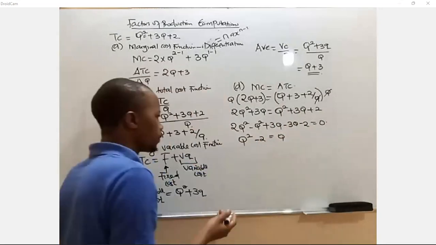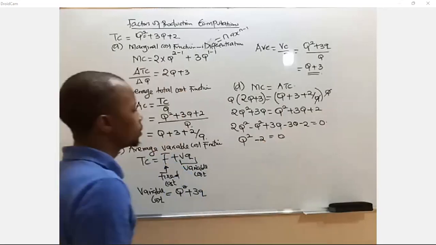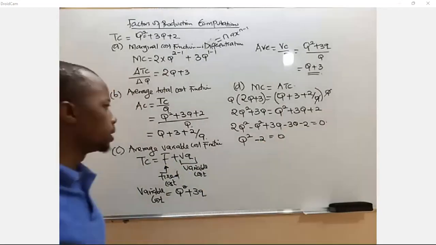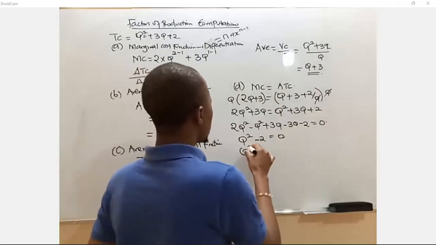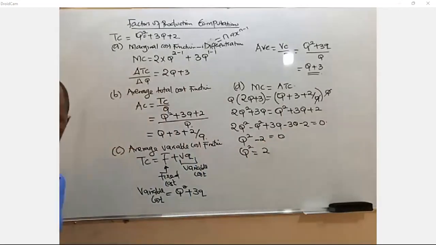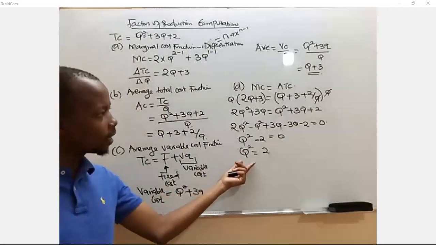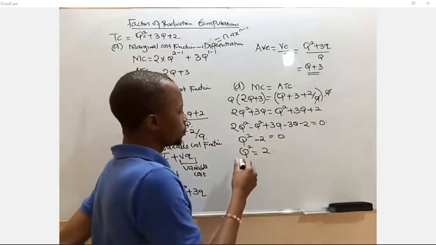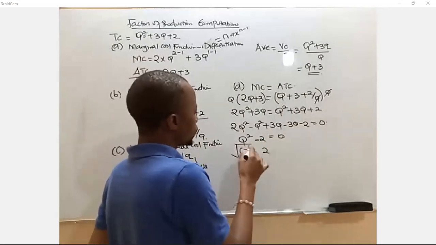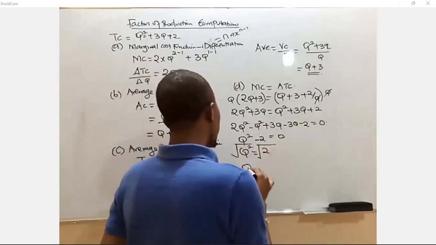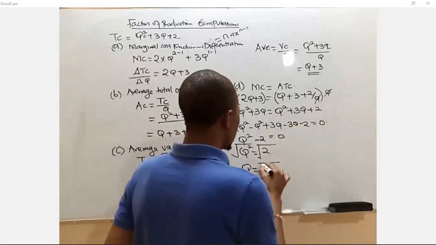But you ask yourself, what is the value of Q? It means our Q squared will be equal to 2, but we need to get Q, the level of output. So the value of Q is going to be determined by rooting now, to remove this power here, and then we root the 2. To get my Q, I should be taking the root of 2.